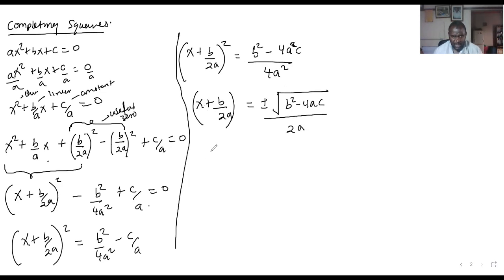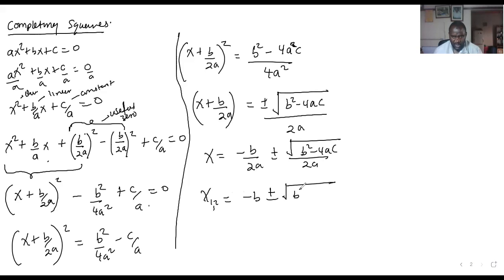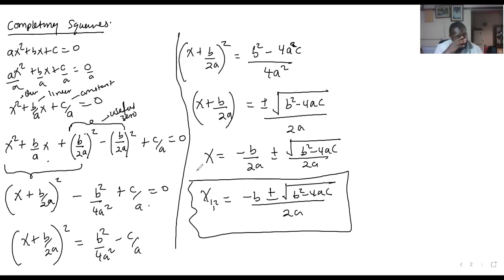This is how it comes about to give us the quadratic formula, negative b over 2a plus or minus under the root of b squared minus 4ac all over 2a. Then ideally the quadratic formula is deduced as negative b plus or minus root of b squared minus 4ac all over 2a. It comes from what we call the method of completing squares.